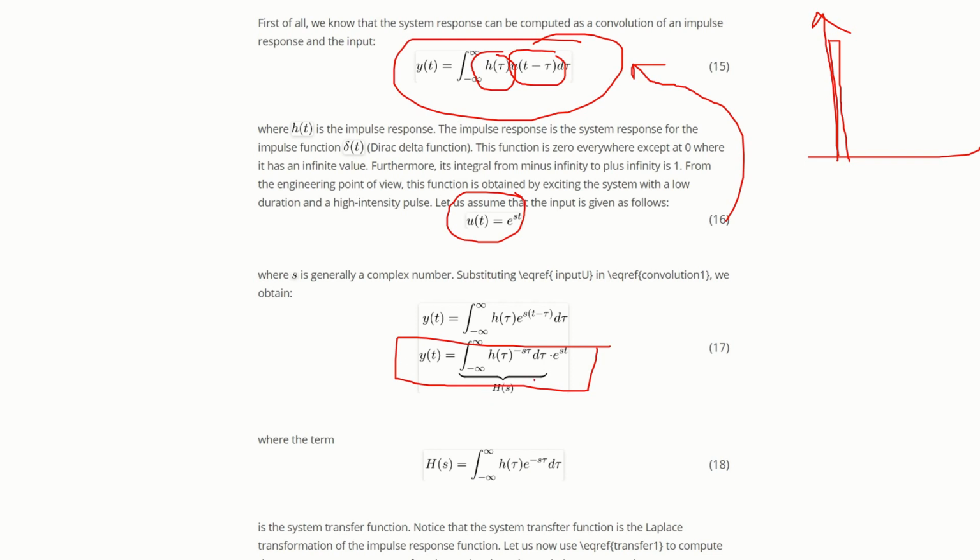So equation 17 tells us that the output can be represented as the product of the function h of s, only a function of a complex variable, times e to the power st. The term h of s, defined as the following integral, is the system transfer function. So the system transfer function is a Laplace transformation of the impulse response. So if we know the impulse response, we can perform Laplace transformation and we can get the system transfer function.